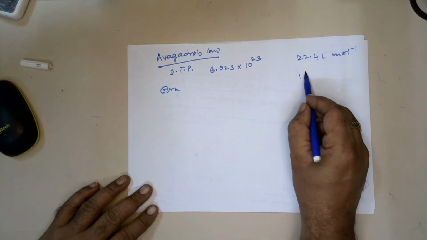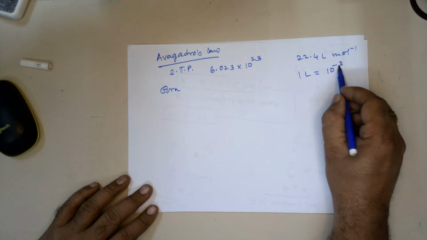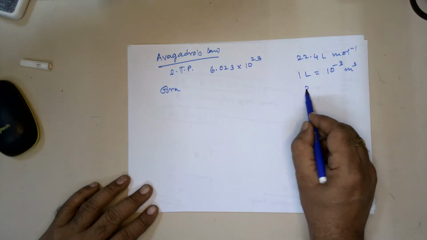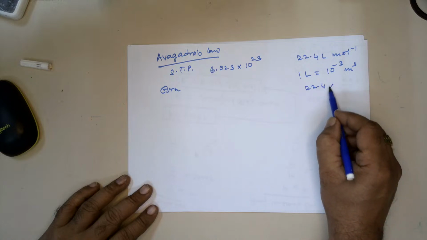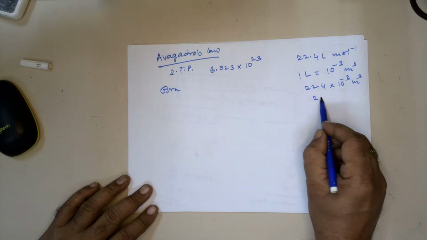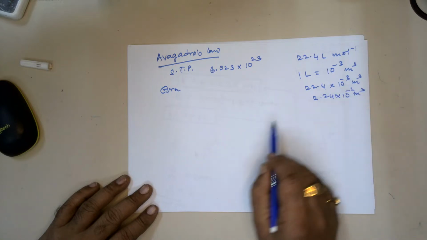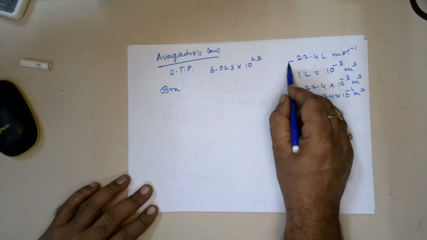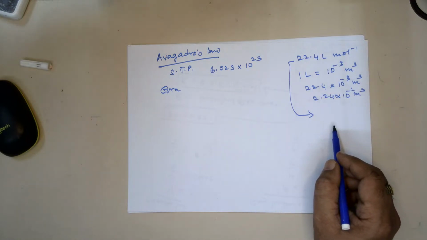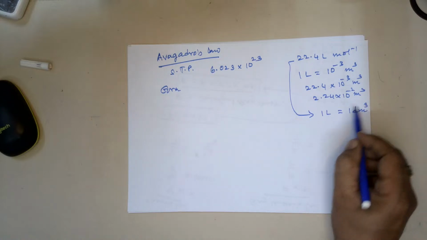And 1 liter is equal to 10 power minus 3 cubic meter. So this is also represented as 22.4 into 10 power minus 3 cubic meter. It means 2.24 into 10 power minus 2 cubic meter. Some authors represent the liter by cubic decimeter, because 1 liter is equal to 1 cubic decimeter.